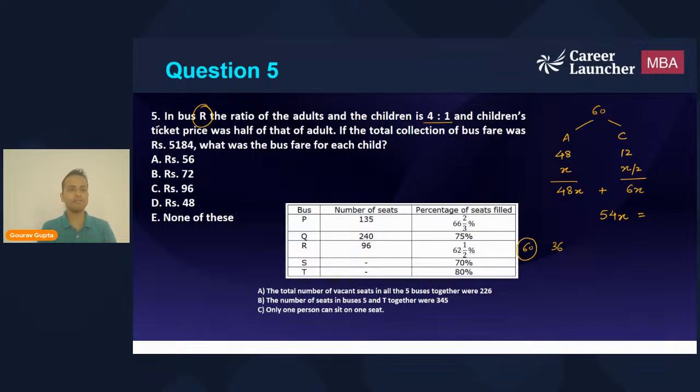And this total fare is given in the question as 5,184. Now, the value of X will become 5184 divided by 54.